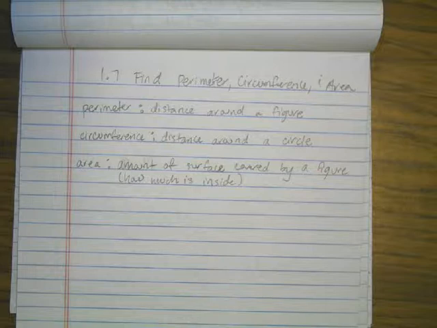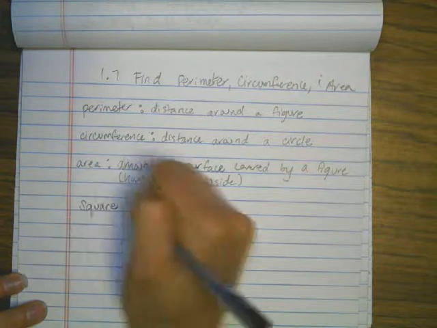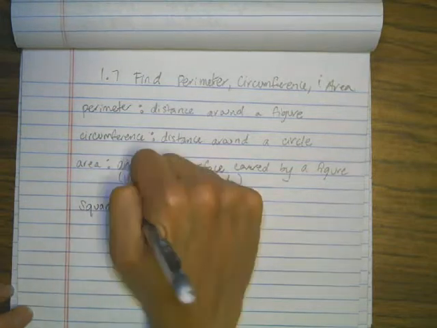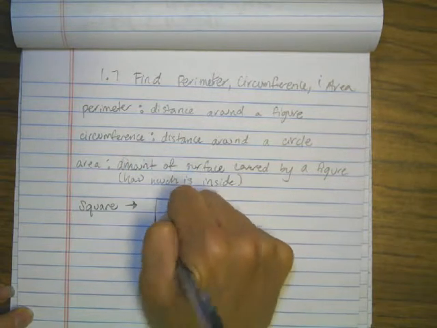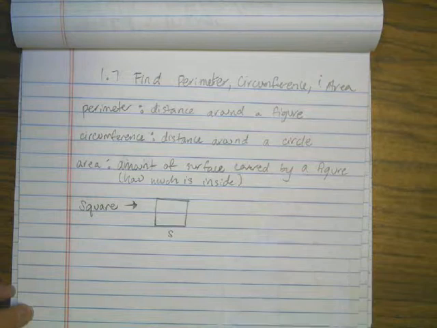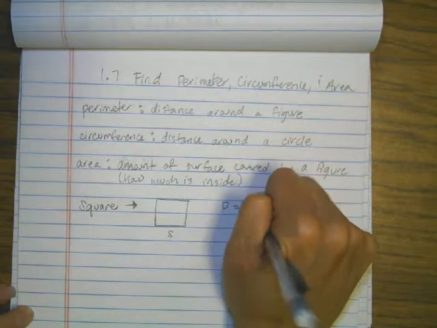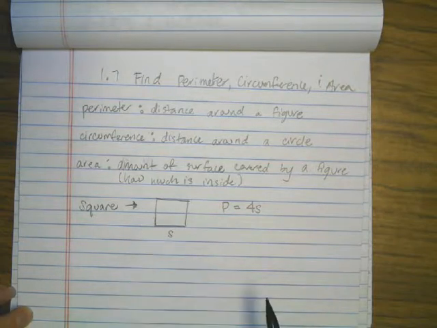There are 4 different shapes we will be focusing on today. The first shape is a square. Let's say the side length is S. The perimeter, which we're going to call P, is 4S because there are 4 sides, 1, 2, 3, 4, and they're all the same, so 4S.